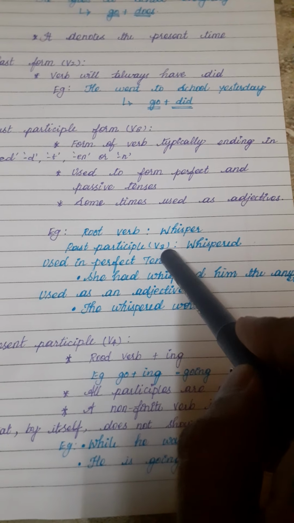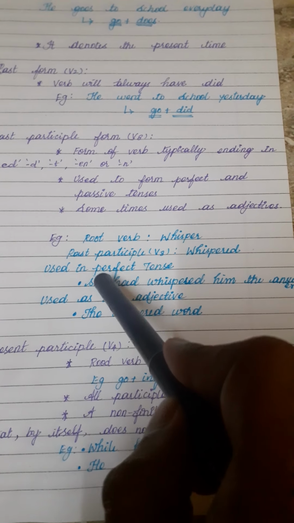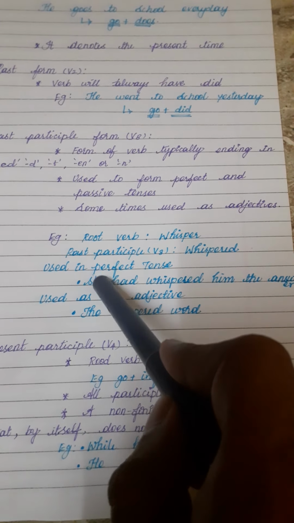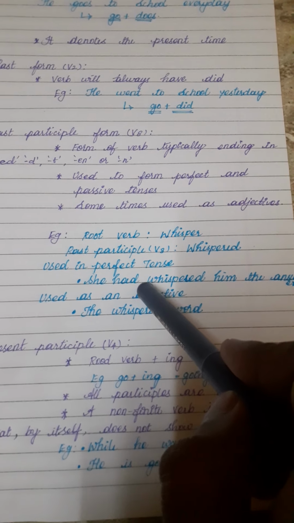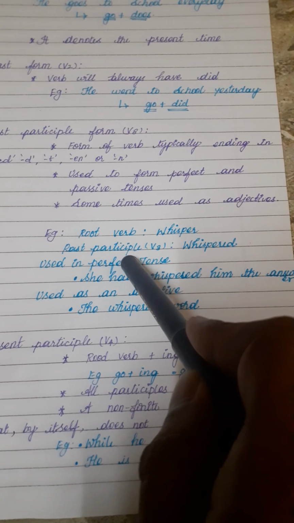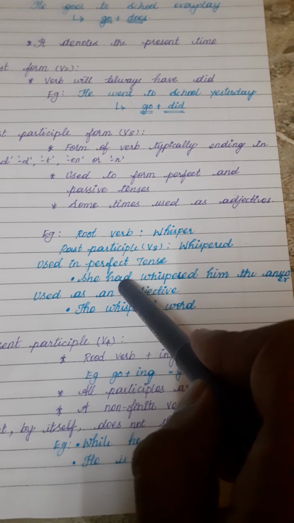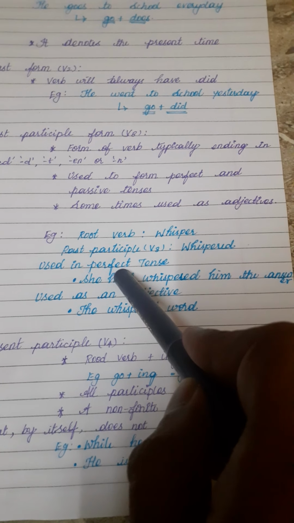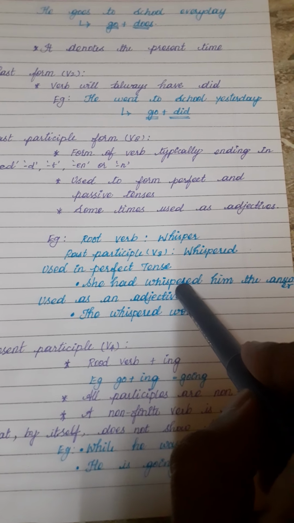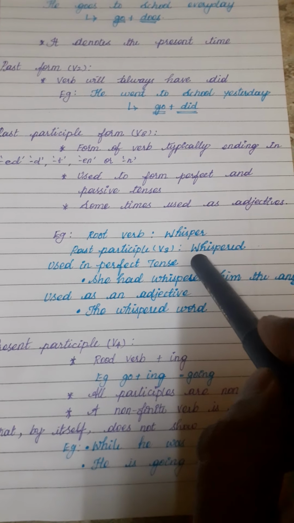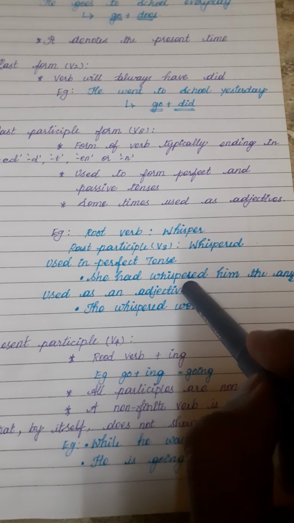I'll repeat that. In a sentence, if the supporting verb is from perfect tense, that is has, have and had are the supporting verbs for perfect tense, then the verb should take only the V3 form, not the V2 form.